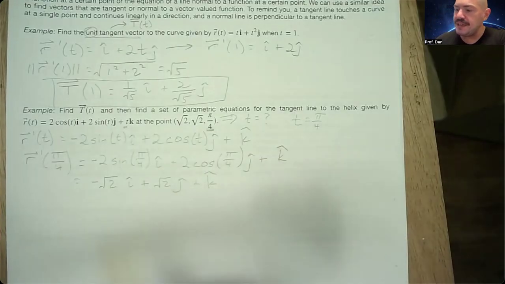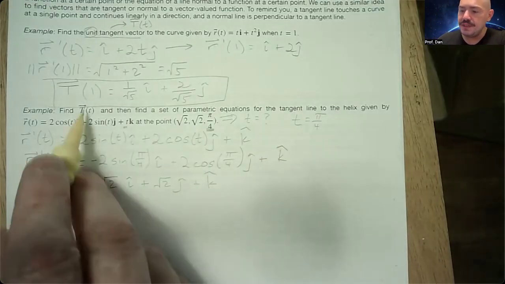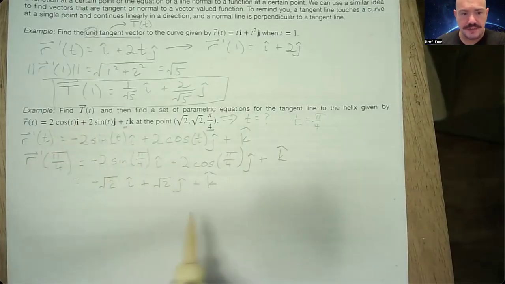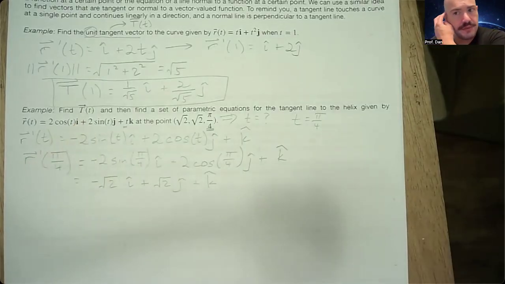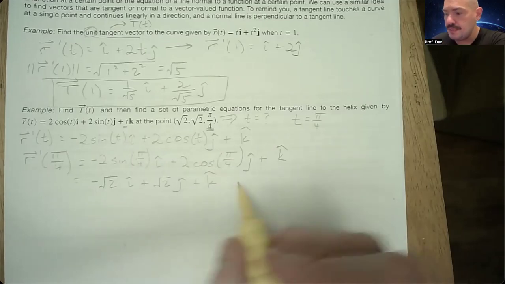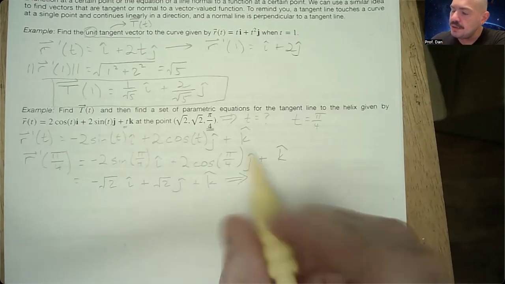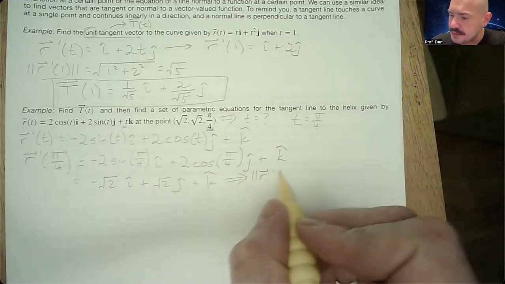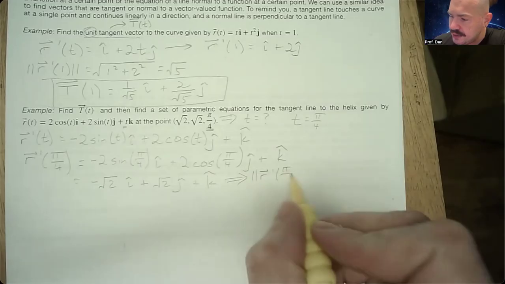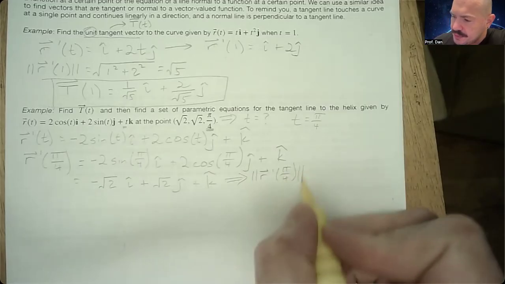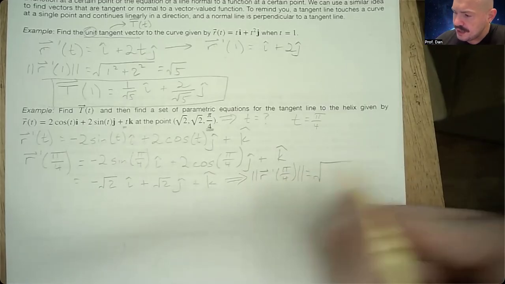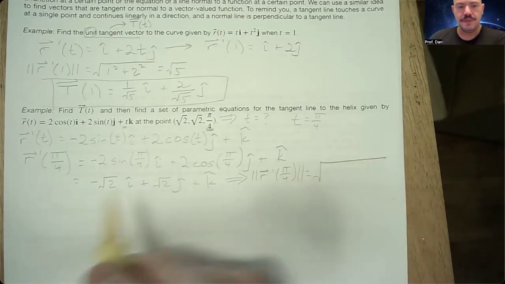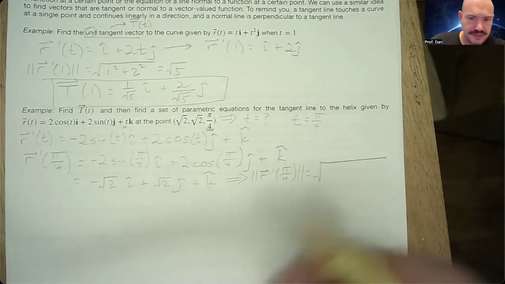And remember, for me to get my unit tangent vector T of t, I need to divide all of these components by the magnitude. So to find my magnitude, I'm just going to take each of these components and use them in the formula that we know to find magnitude.